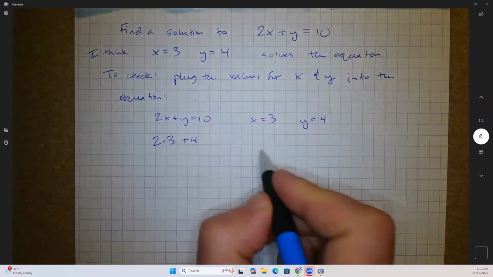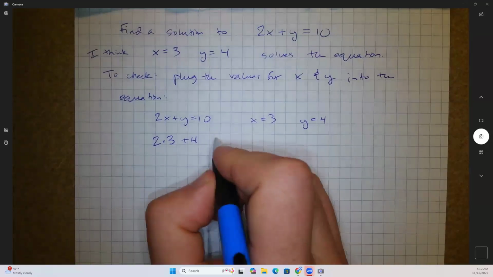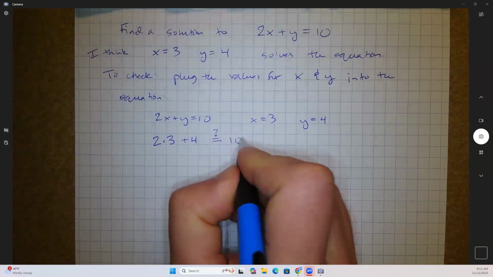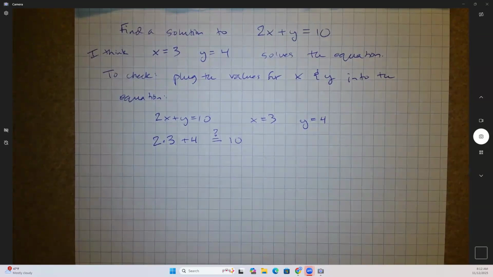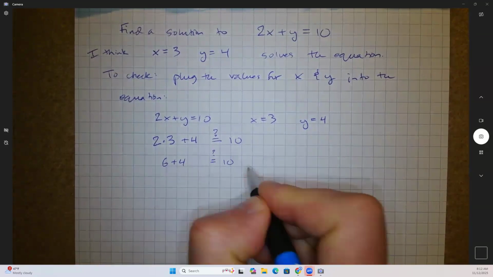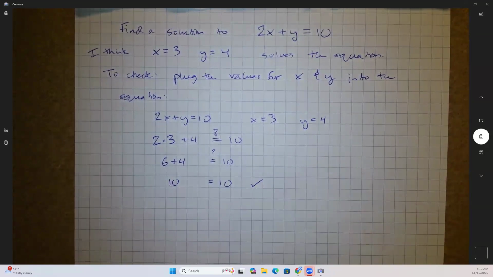And a good way to do these checks is, you can put an equal sign, but it's a good idea to put a question mark because we don't know yet. We're checking. And 2 times 3 is 6, so I have 6 plus 4, and I want to know if that equals 10. And yes, that equals 10. Little check mark tells me that I'm right. That's one way to organize your work.